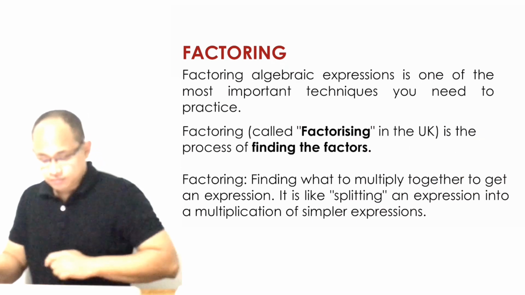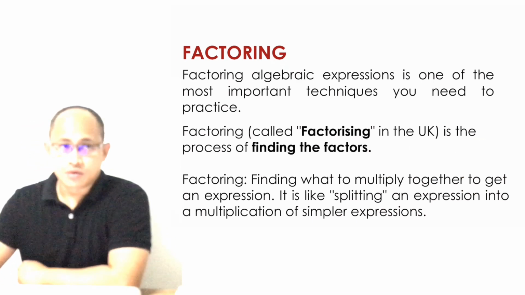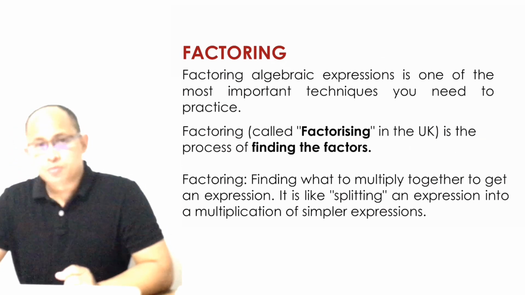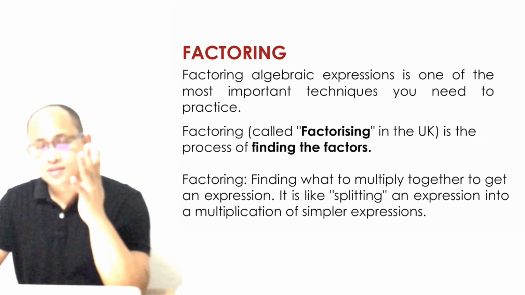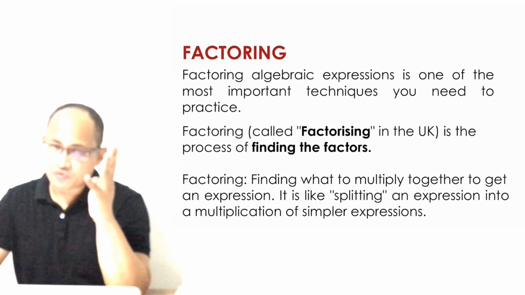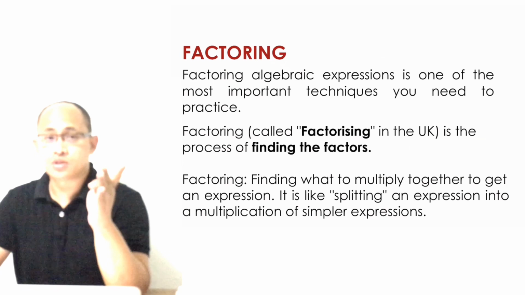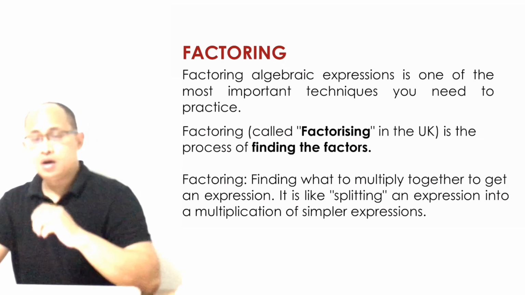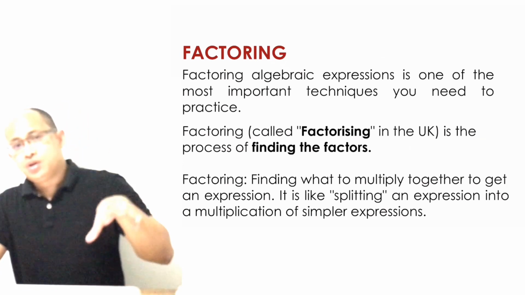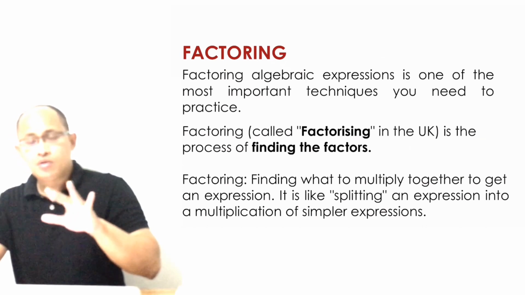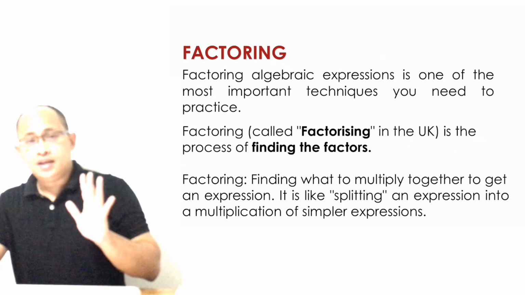Any questions? I hope you're following me. So again, what is algebra? Algebra is composed of 4 things: numbers, known as coefficients; letters, known as variables; powers, known as exponents; and the 4 basic operations. These 4 things may not all be present in one expression, but one way or the other, 1, 2, 3, or 4 of them should be present.